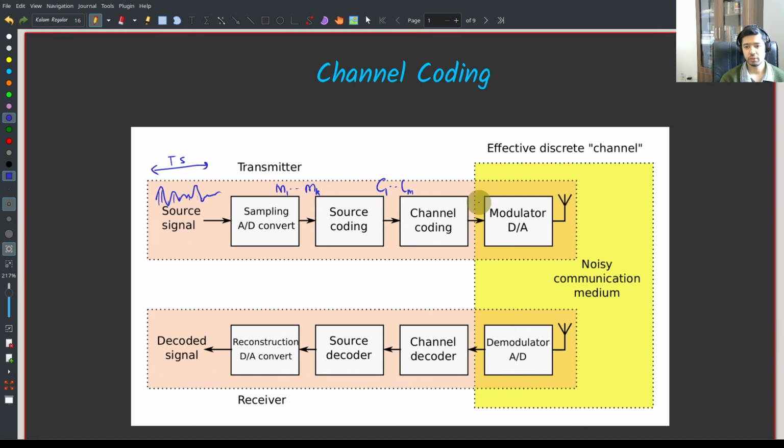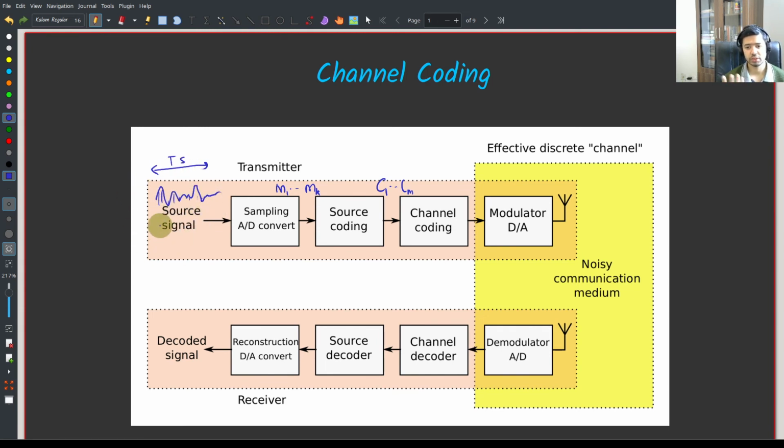Now let's jump from here to the communication medium. If you look at a typical wireless communication medium, there is going to be interference, additive noise, and attenuation. So there's a whole bunch of different factors which are going to come into play. Note that this is a continuous time signal system.